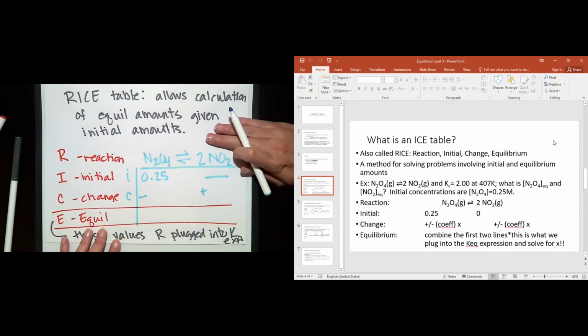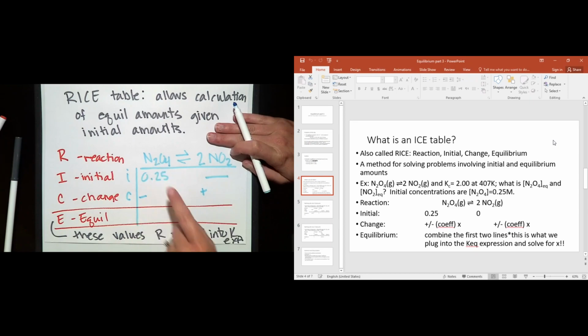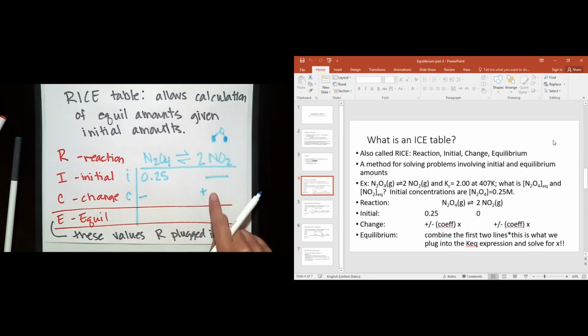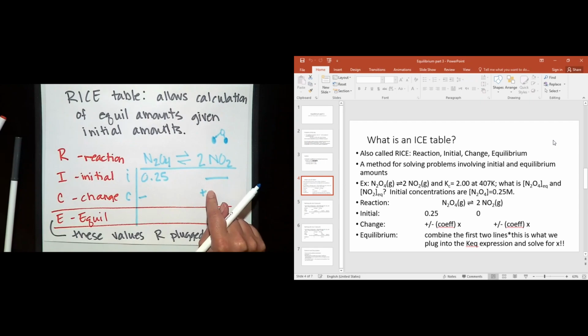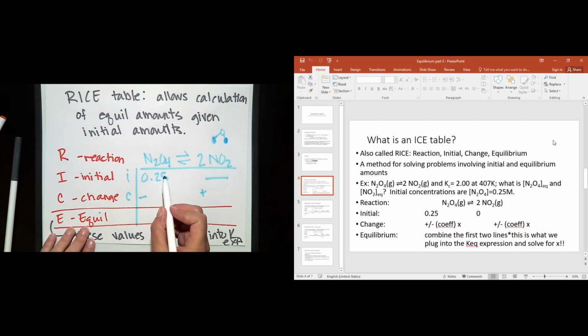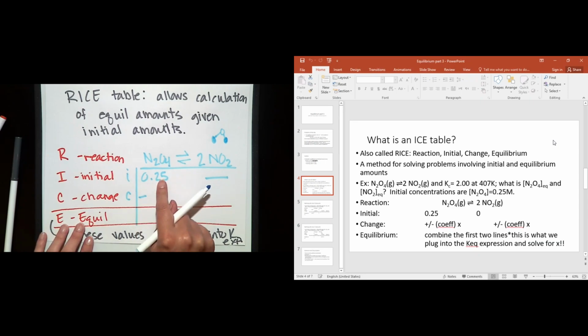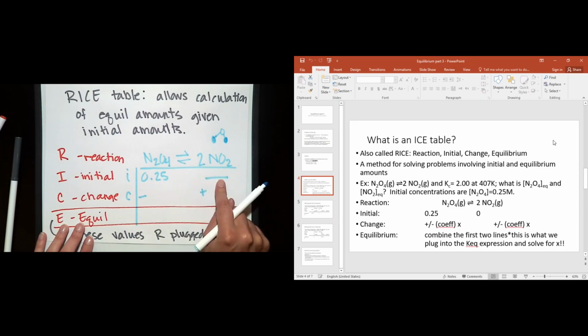If I don't have any of these, I don't have any nitrogen atoms or oxygen atoms, I don't have anything to form more reactant. I can't subtract from 0. So when I'm only given either reactants or only products to start with, then I know my negative is on the side with some amount I've started with. So negative on my reactant side because I was given an initial amount of reactant and 0 product.